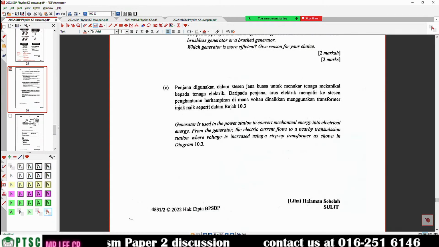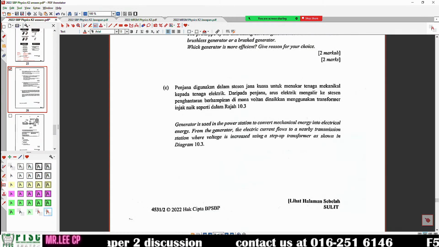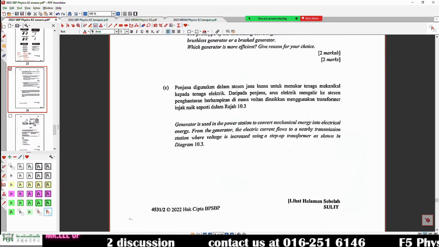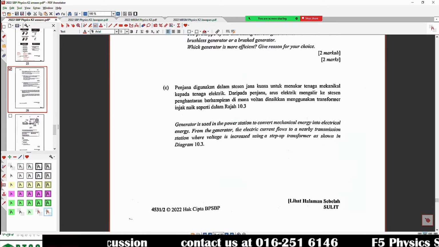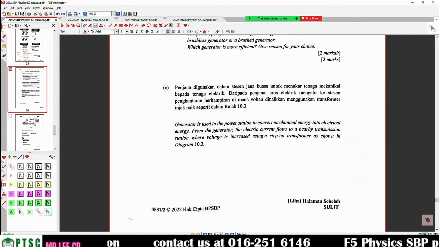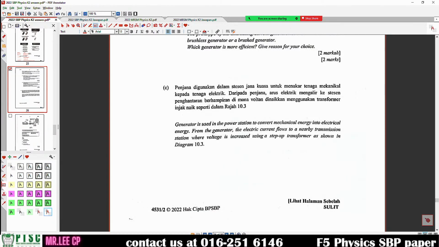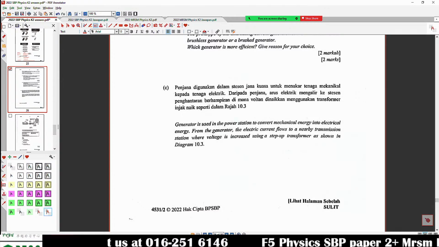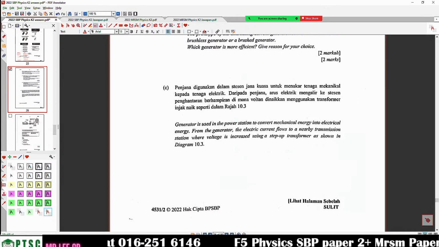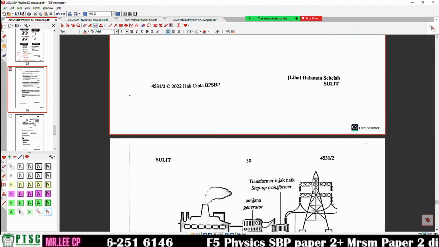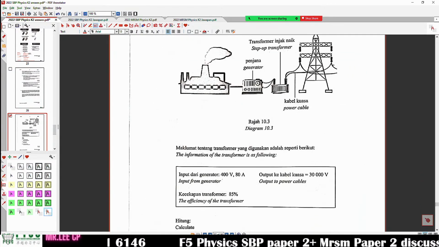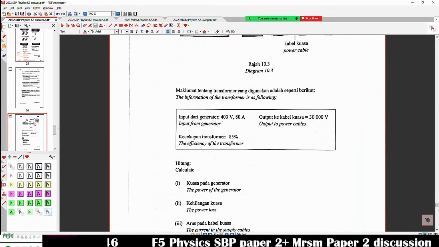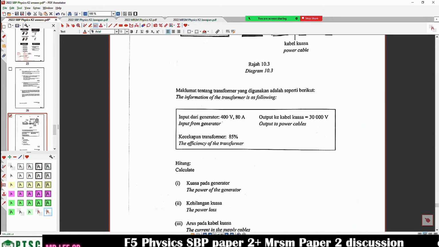A generator is used in a power station to convert mechanical energy into electrical energy. From this generator, the electrical current flows to a nearby transmission station where the voltage is increased in a step-up transformer, as shown in 10.3. Right, first one, calculate the power of the generator.